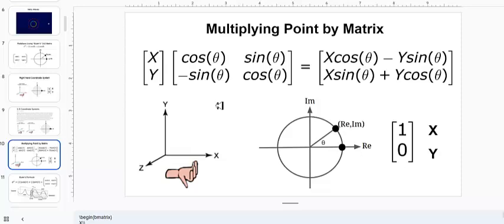The way you do that is: x times cos of theta minus y times sine of theta becomes the new x value, and x times sine of theta plus y times cos of theta becomes the new y. This is the formula we will use to rotate this point counterclockwise by a predefined angle that we specify.